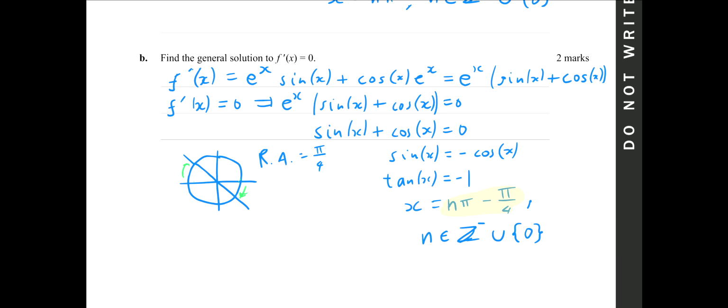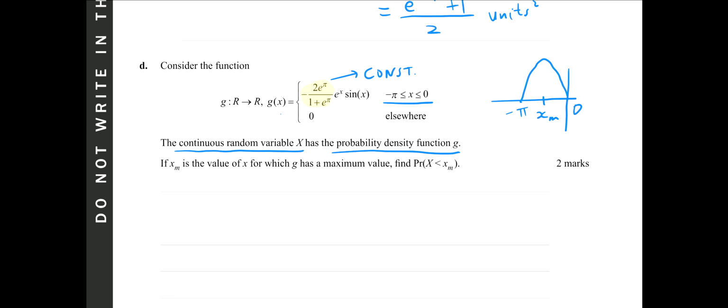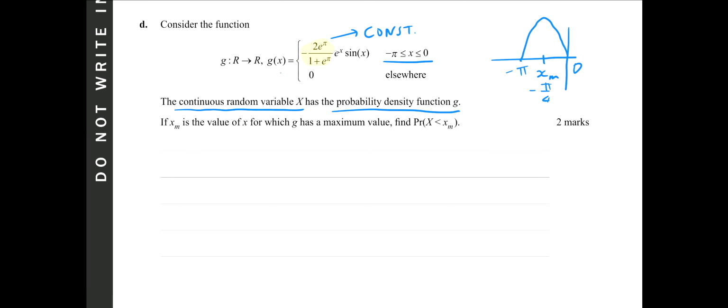So if you plug in n equals 0 into there, you'll get 0 pi minus pi on 4, or in other words, you just get negative pi on 4. So negative pi on 4 is the x value of that local maximum over there. So I'm just going to write negative pi over 4.